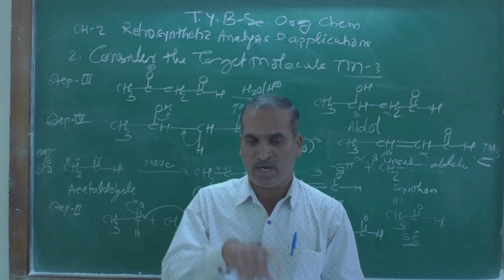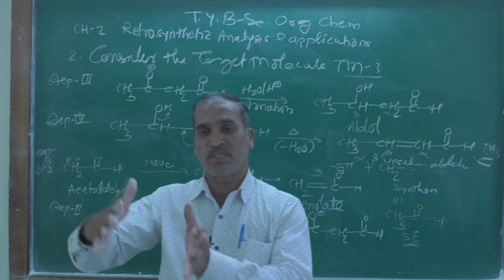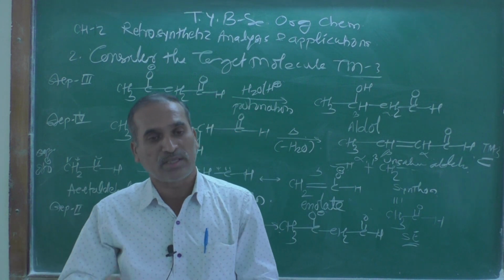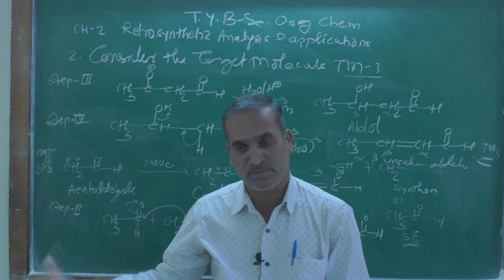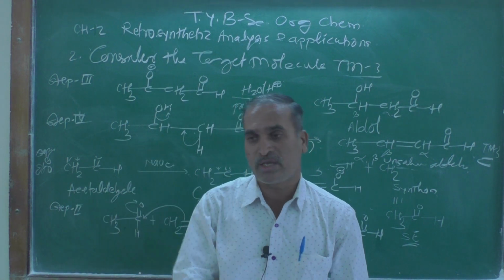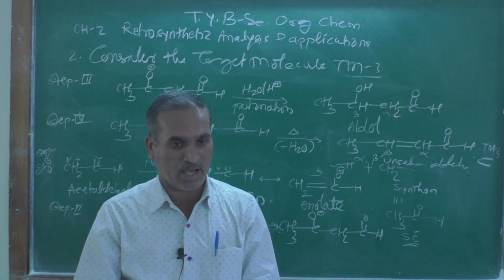Mechanism, as we know, means what? A detailed study of the sequence of steps involved in the conversion of reactant into product is known as a mechanism. And in organic chemistry, mechanism is nothing but the language of organic chemistry.